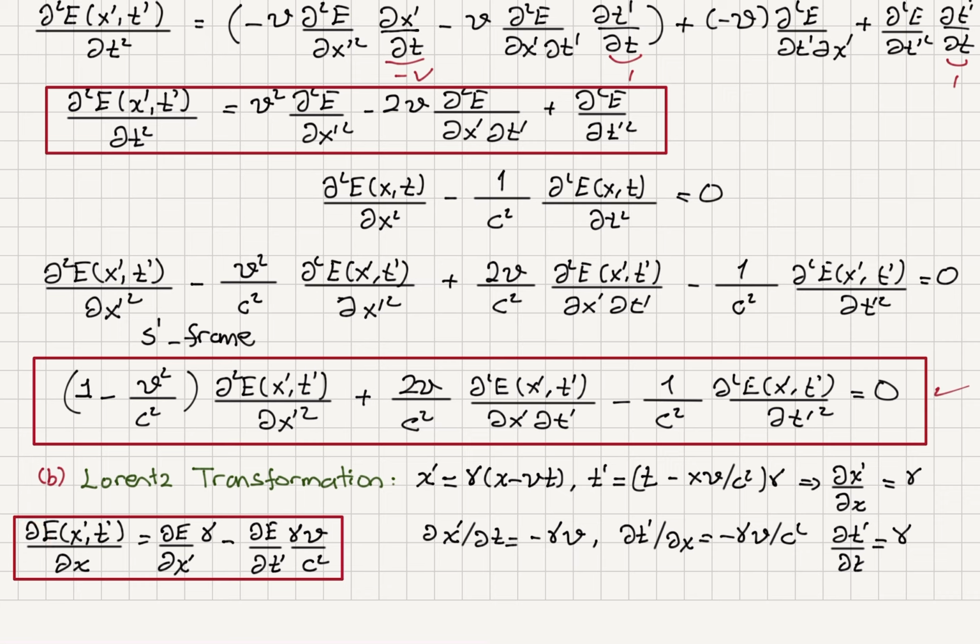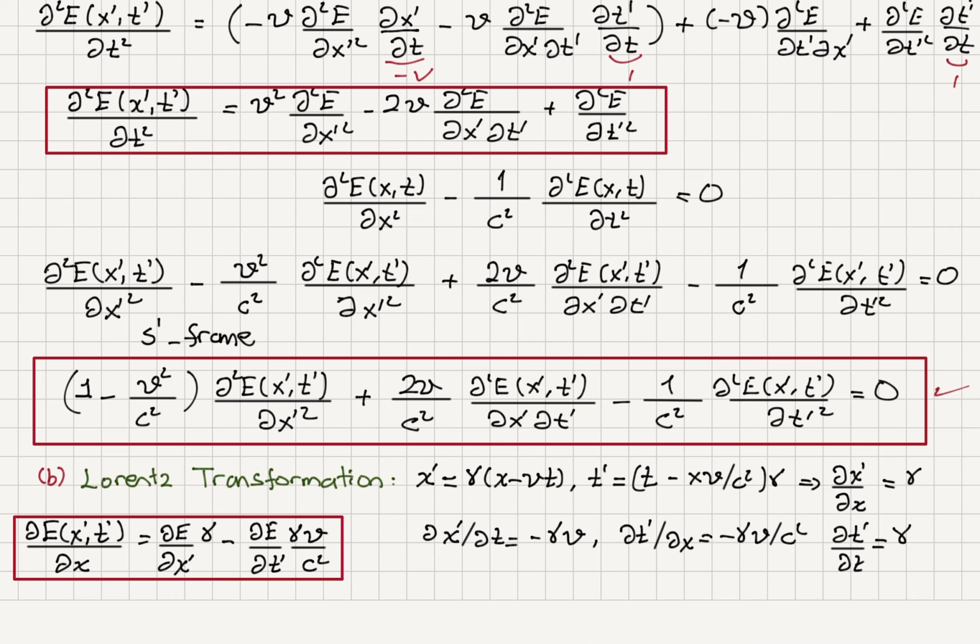So we can use this in order to look at the x and t derivatives of the electric field. Electric field written as a function of x prime and t prime has an x derivative. First you take the derivative with respect to x prime, then x prime with respect to x, which is gamma. Then you take the derivative with respect to t prime, and t prime with respect to x is minus gamma v over c squared.